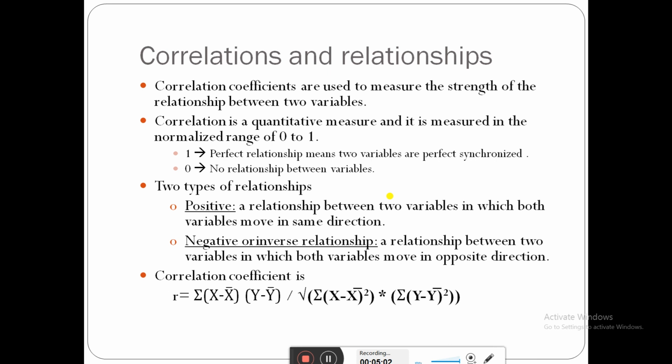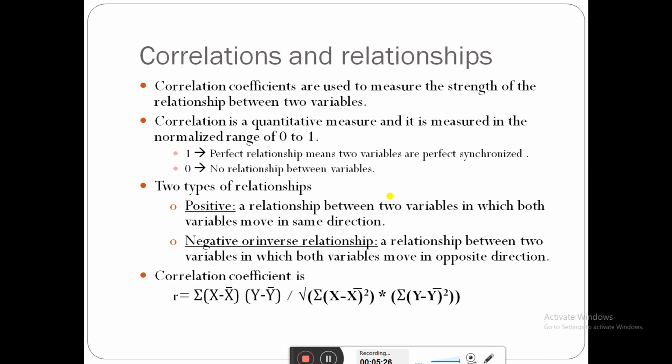Next we'll discuss correlation and relationship. Here correlation coefficients are used to measure the strength of the relationship between two variables. We are establishing the relationship between the variables. Now, what is the strength of the relationship between age and date of birth?